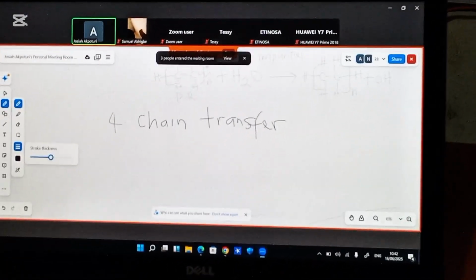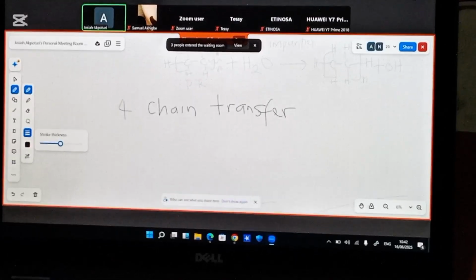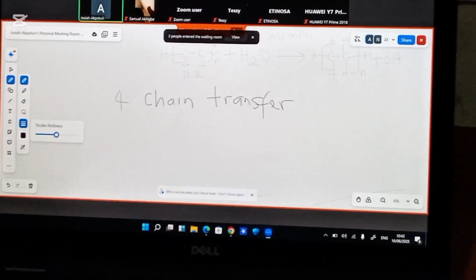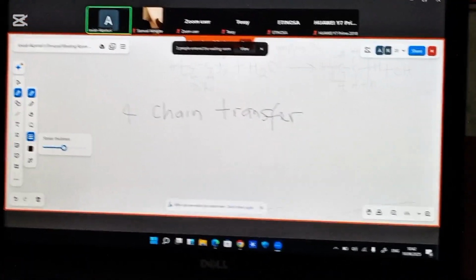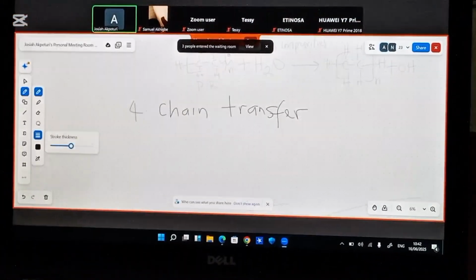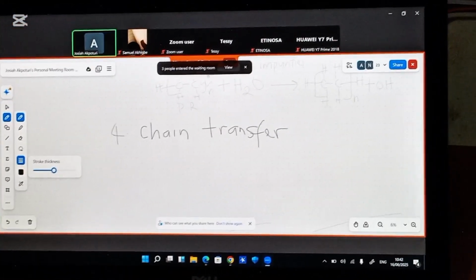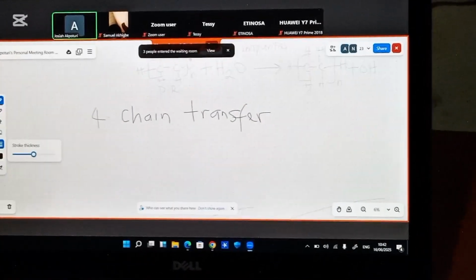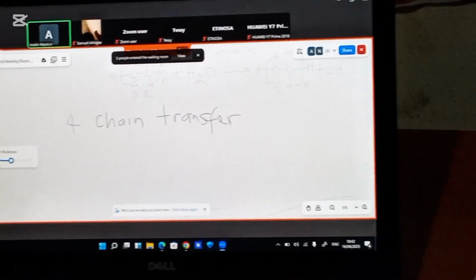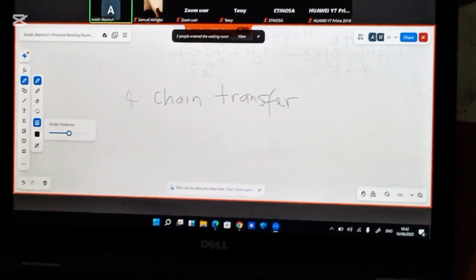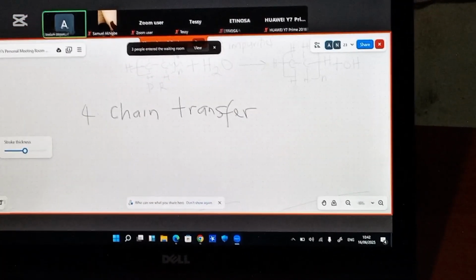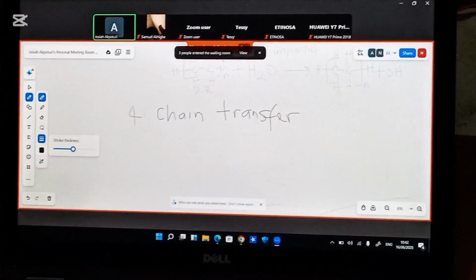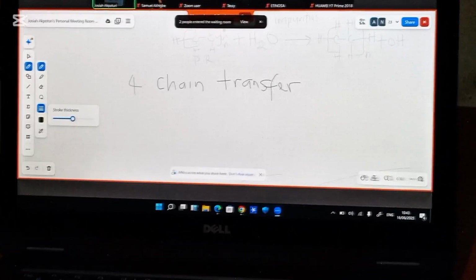Full stop. The radical can be transferred to monomer, polymer, solvent or initiator.